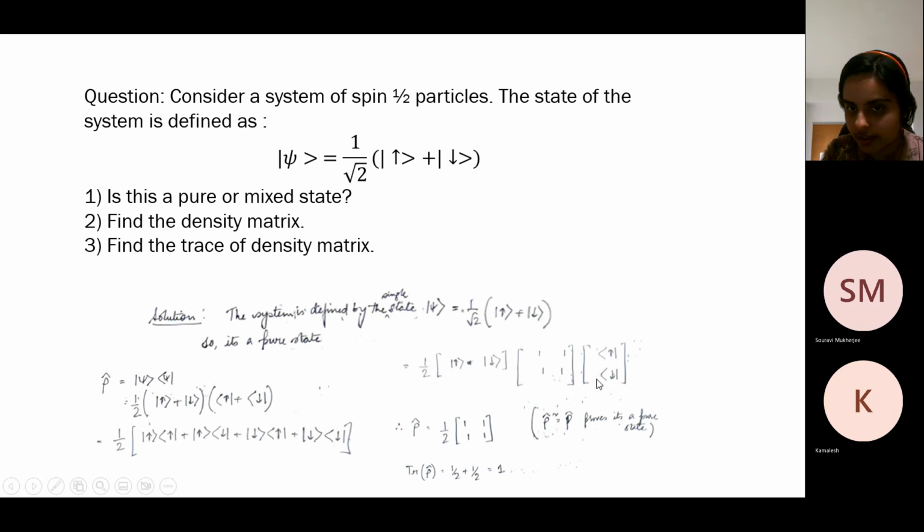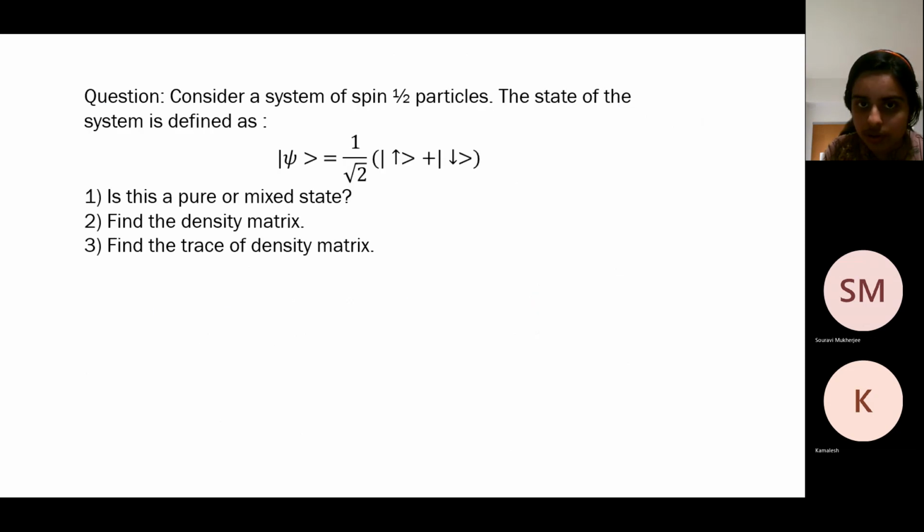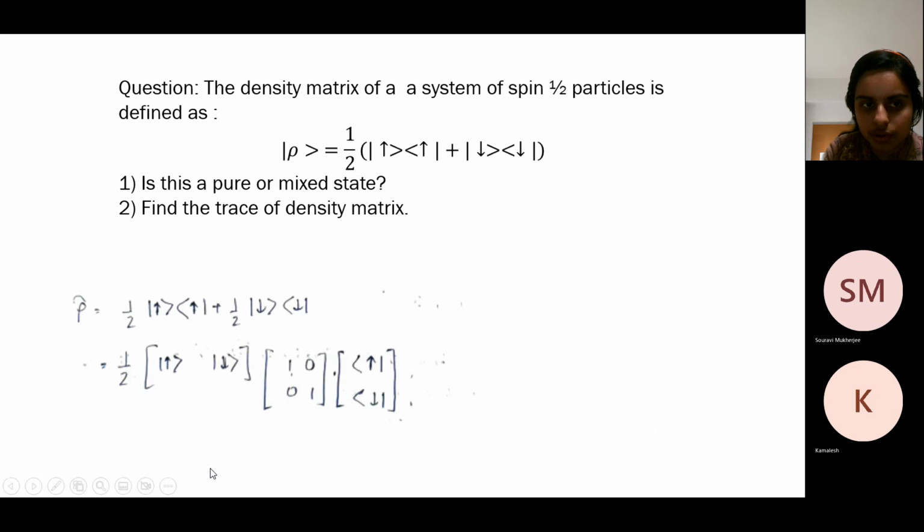Rho is half into this term, because what is in between the product of the bra and the ket is rho. So the entire thing is rho. You could have always written it like this term, then half into this matrix, and then this term. So that is rho. So rho is half into this. Similarly in this question, your rho should be half into 1001.